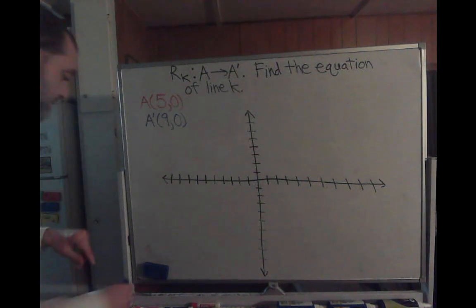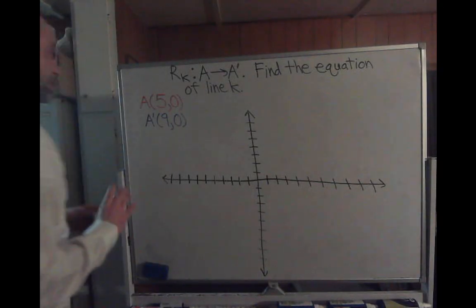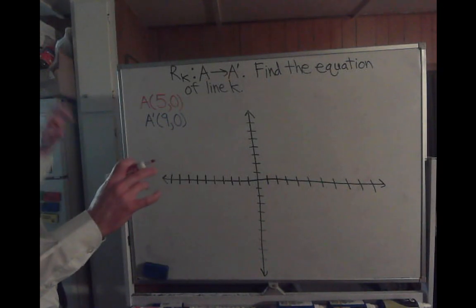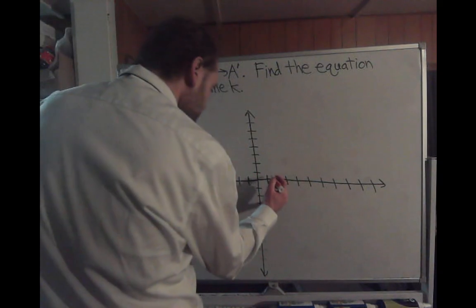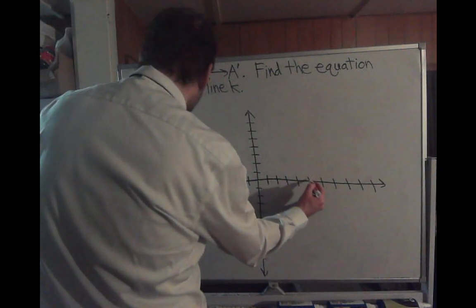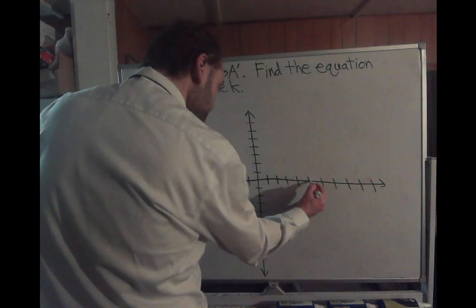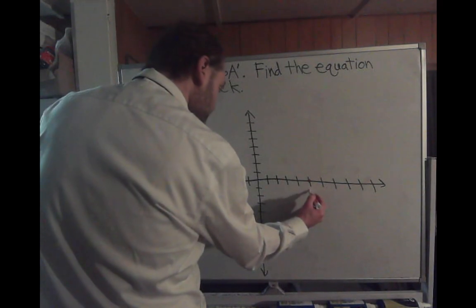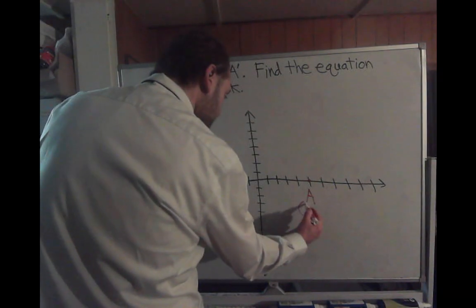If it helps us first, why don't we plot the points? Let's plot the points here, right? So let's go to 5, 0. There's your A, which is located at 5, 0.